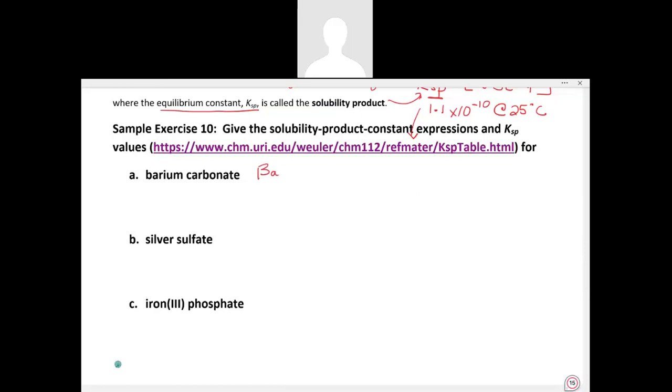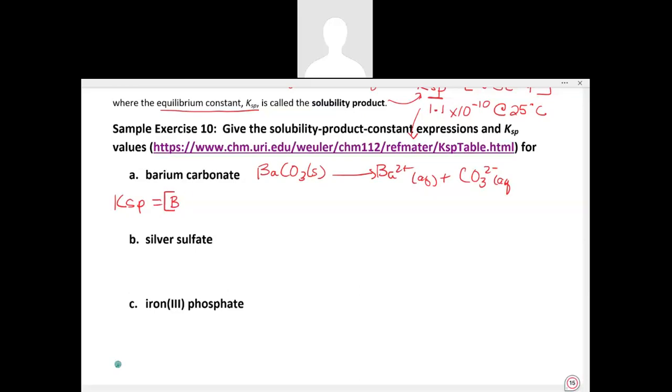So we have barium carbonate, solid. We throw that in some water, and we get our barium 2+, aqueous, and then we have our carbonate 2-, aqueous. We look up our value for Ksp, and we write our expression like so.